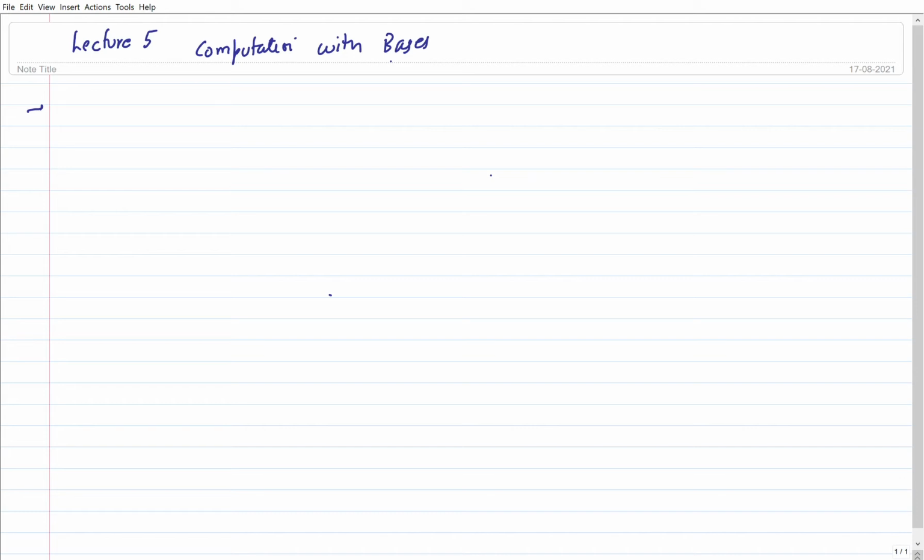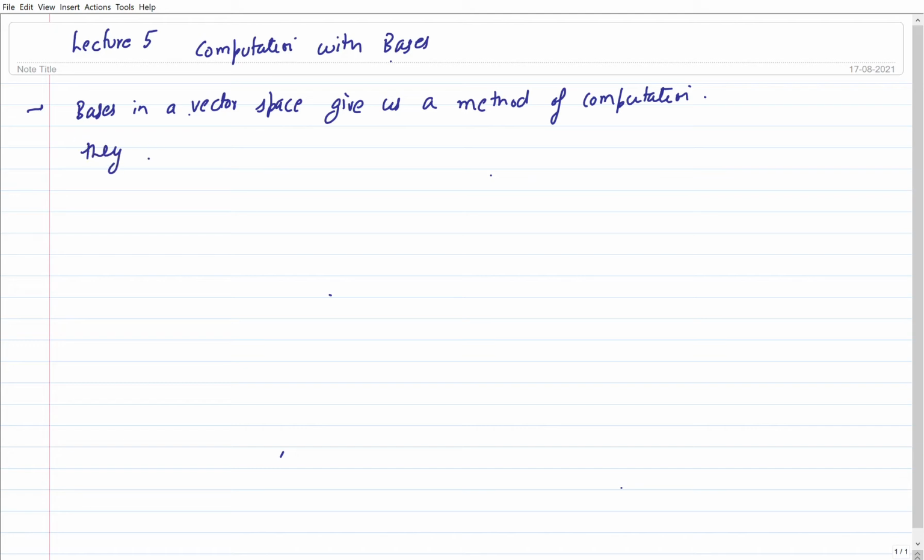So writing it computation. In some sense, they establish coordinates of a given vector in the vector space.